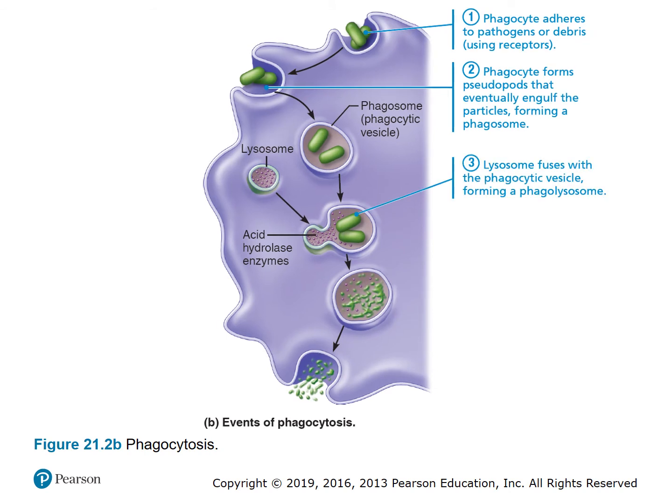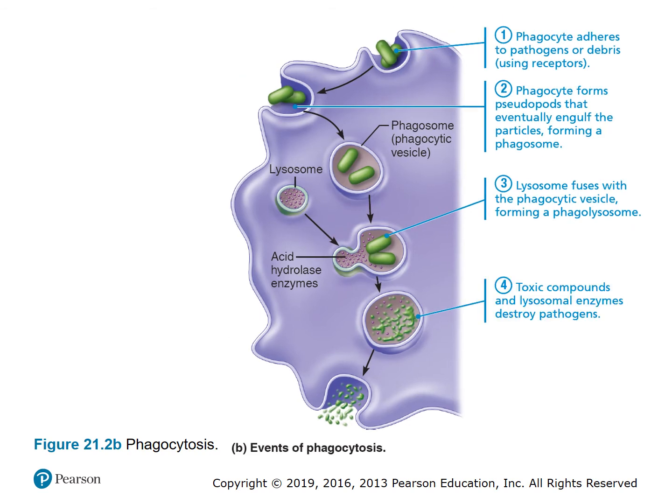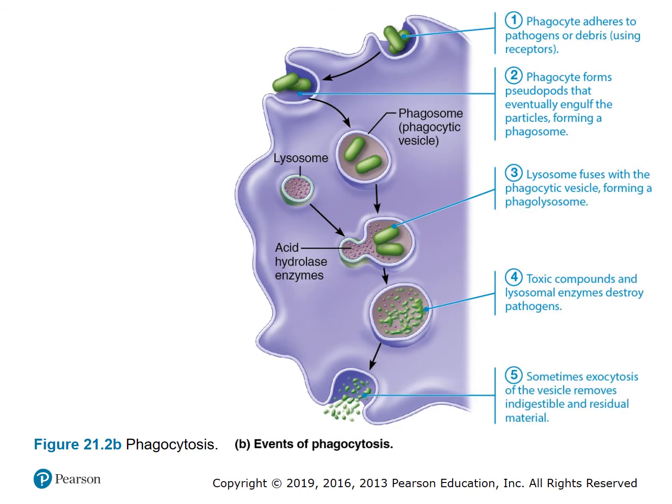I was a little bit ahead of myself in the previous slide, but here you can see in step 3, the lysosome fuses with the phagocytic vesicle, forming a phagolysosome. And in 4, toxic compounds and lysosomal enzymes destroy the pathogens. And then sometimes exocytosis of the vesicle removes indigestible and residual material.